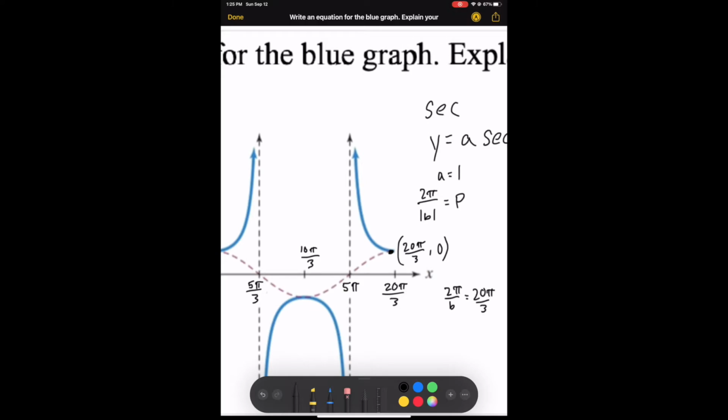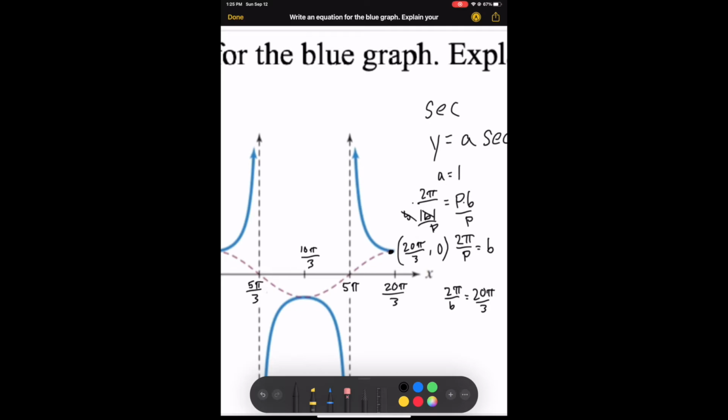Now, when we're dealing with this formula, what we can do is multiply both sides by B, cancel, and then we can divide by the period P. So what we'll actually get is 2 pi over P equals B. And since we're dealing with a positive number, we don't have to worry about the absolute value part because this has to be positive.